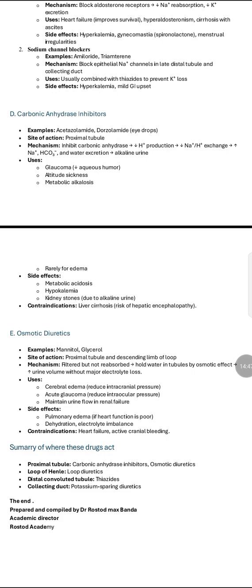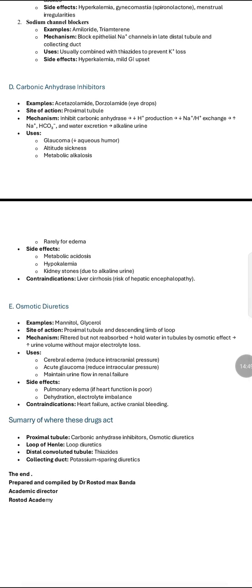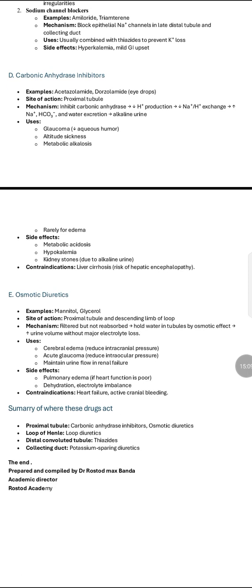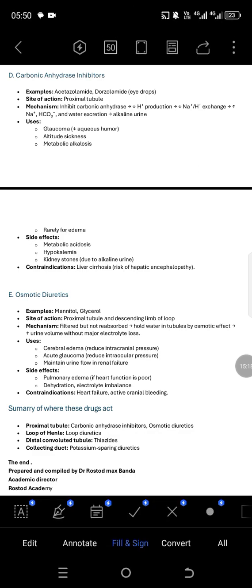That's about the carbonic anhydrase. There's simply an enzyme known as carbonic anhydrase, okay, where we have carbon dioxide combining with water forming carbonic acid. So this is the enzyme that we target, and we block that particular enzyme. This enzyme promotes the formation and absorption of sodium and bicarbonate ions.